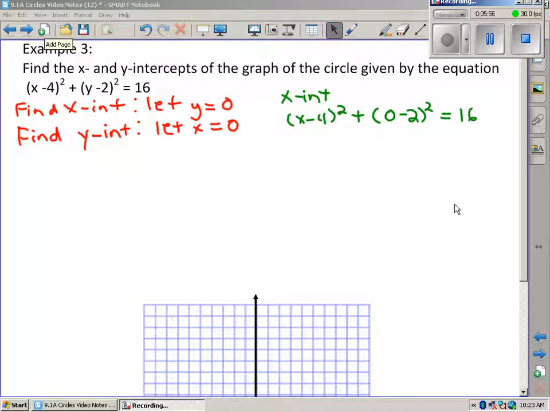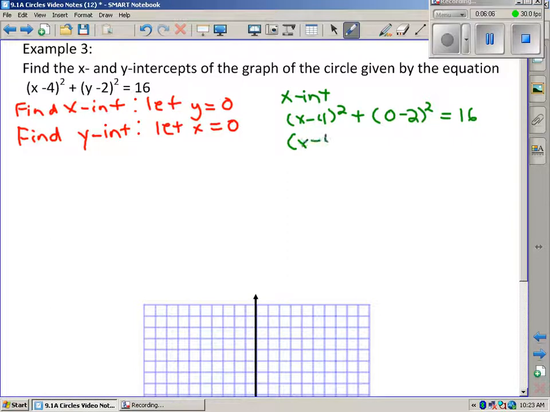So then let's go ahead and work on this guy. So we have x minus 4 squared. And this, when you square this, you're going to get 4. So I'm going to subtract 4 from both sides to move it over to the other side. And so I get equals 12. To find x, I'm going to go ahead and take the square root of both sides. So I get x minus 4 is equal to the square root of 12.